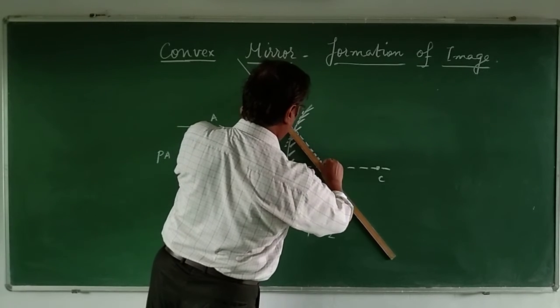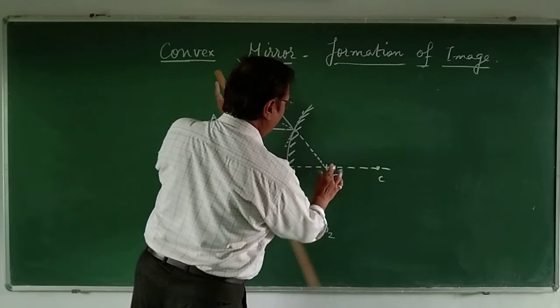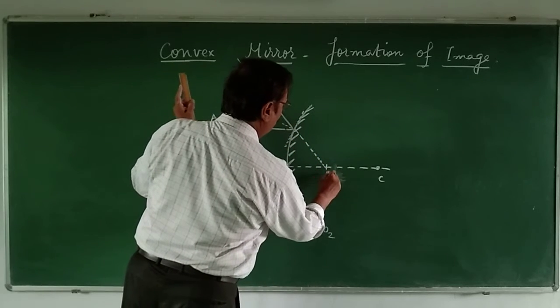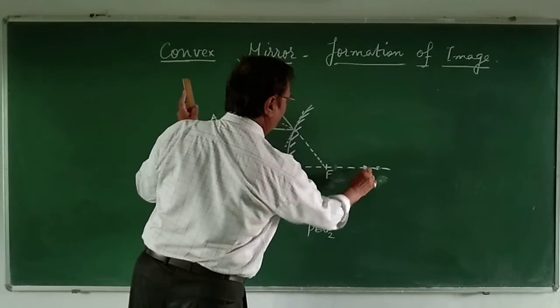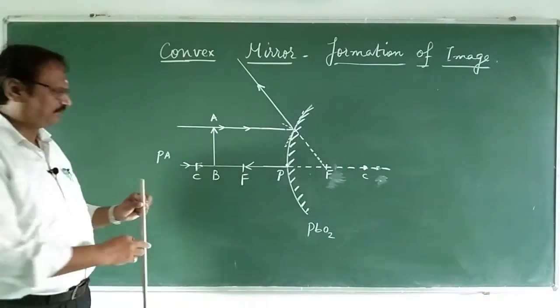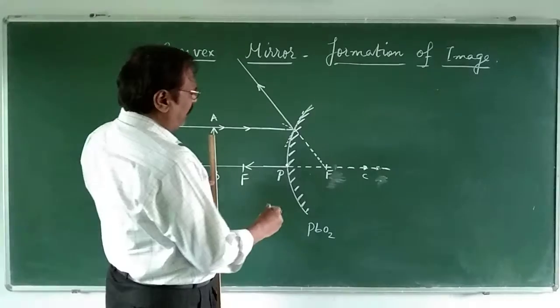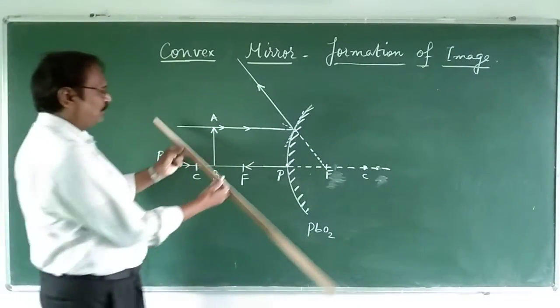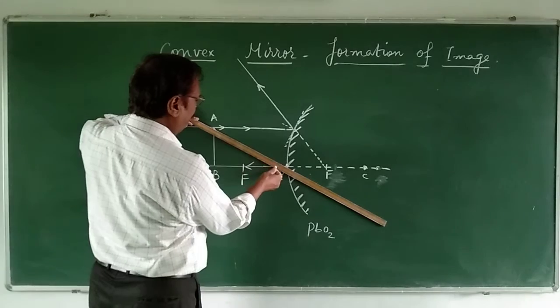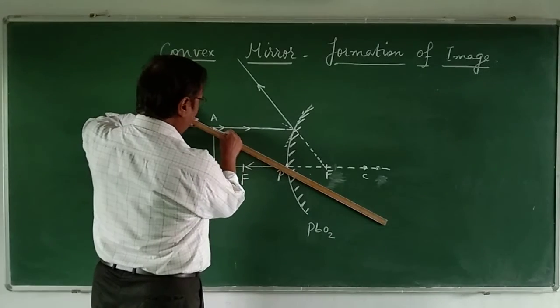So you have to be very careful while drawing the diagram because it is geometrical optics. So be careful with whatever calculation you are doing. Right. Now one line has come. Where will the other line go? So take a ray from the tip of it, mark it and take it like this.